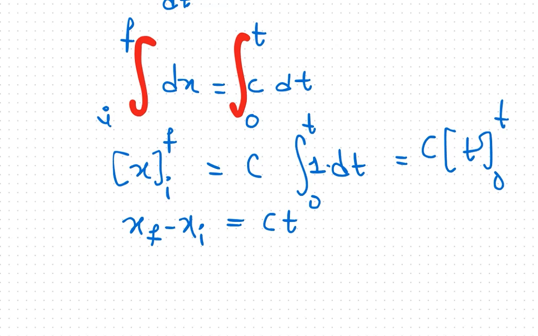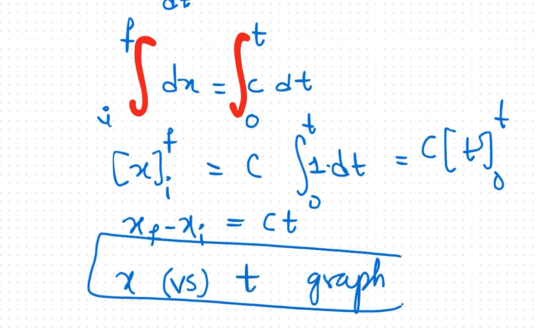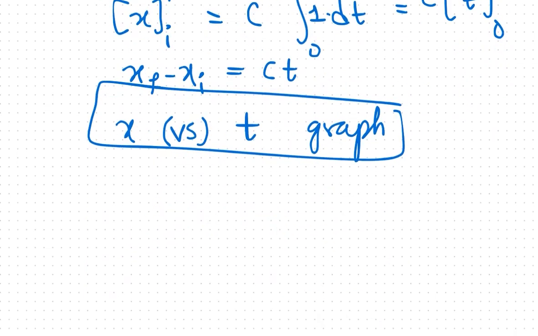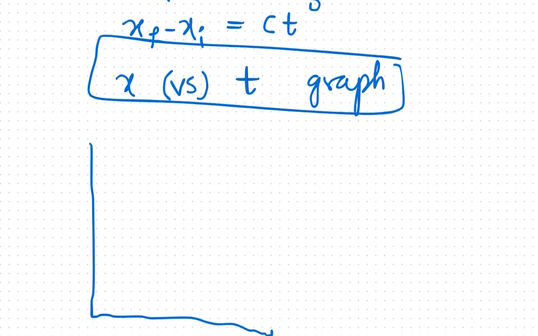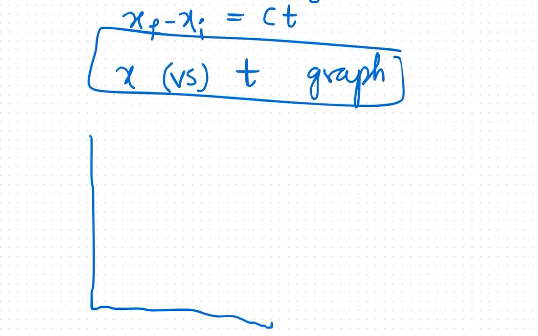So if you are talking about an x versus t graph, can you guess what it will be? Should I just draw it? X versus t. As you increase in position, velocity is going up at a constant rate, so it would be linear.